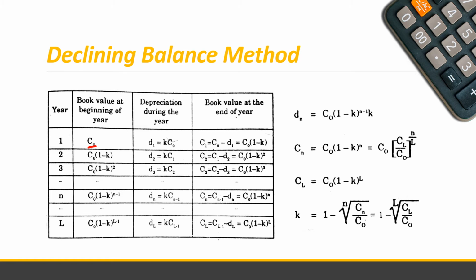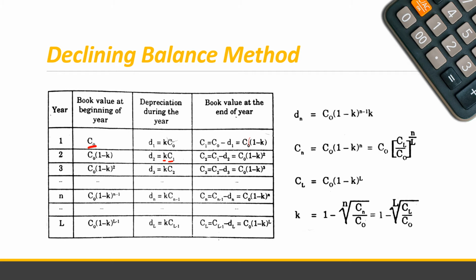So dito naman sa D2, percentage of C1. So nag-iiba-iba siya kasi it depends on the value at that specific year. So book value at the end of the year is CO minus D1. So of course, or CO times 1 minus K.